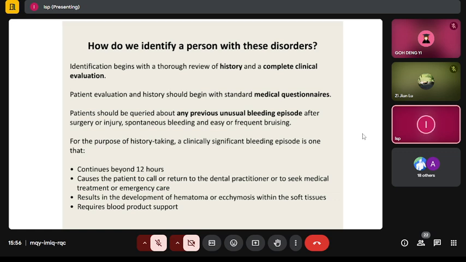What do we mean by the moment they are born? A lot of inheritable bleeding disorders like hemophilia, especially the very severe ones, bleed immediately. So you want to ask the mother, when the baby was born, did the baby develop any bruises or easy bleeding, especially from injection sites?